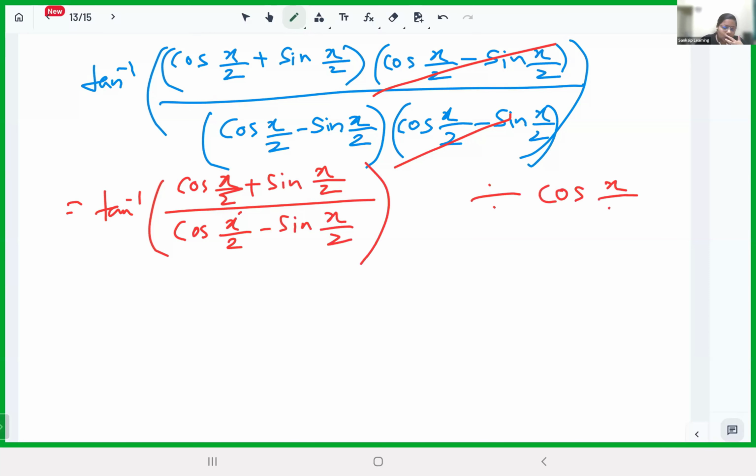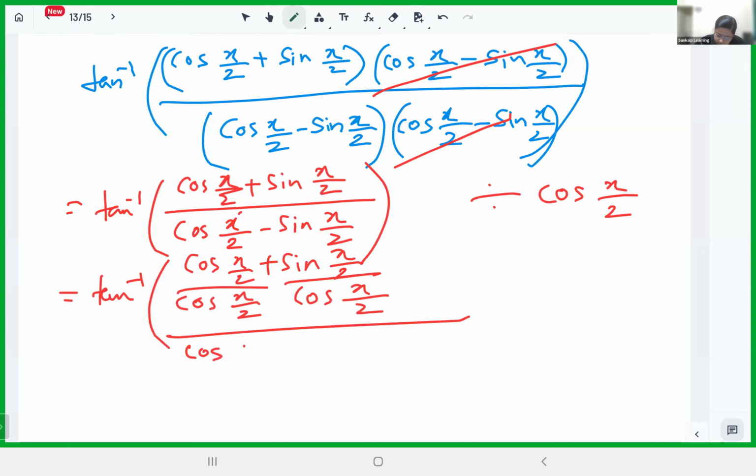We are going to divide throughout by cos x by 2, that is, each term in the numerator and the denominator.